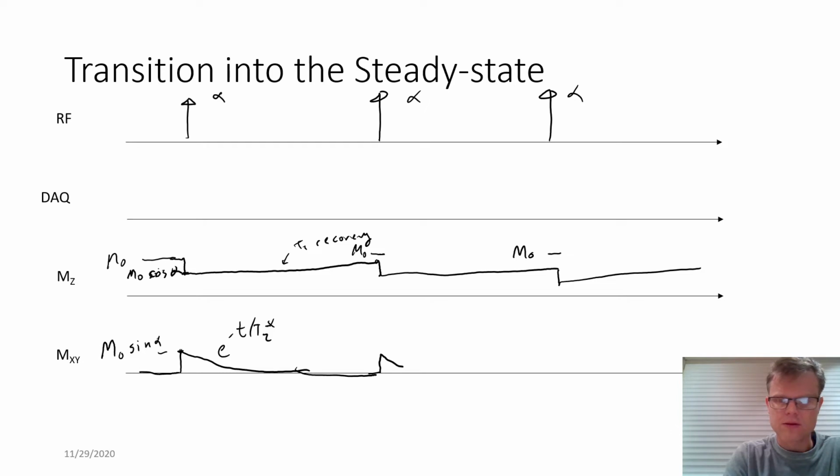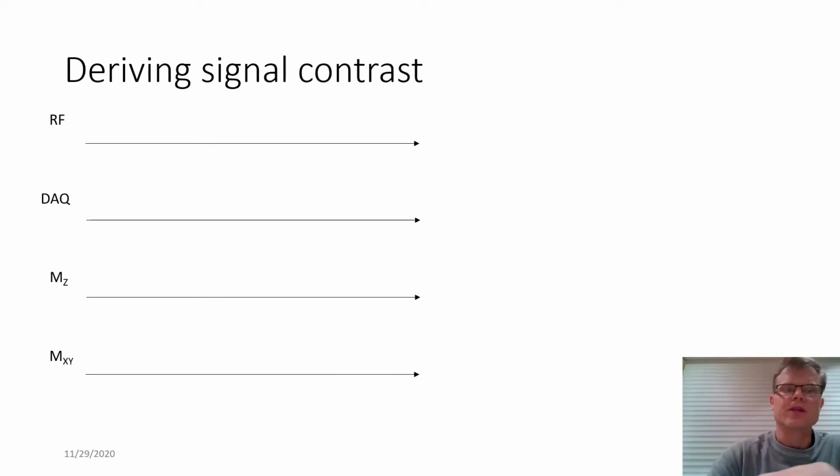And the transverse magnetization is going to follow here as well. What I'm trying to illustrate here is that the magnetization is changing TR to TR. But eventually we do transition into a steady state. And once we get there, we can derive what the signal contrast is going to be.